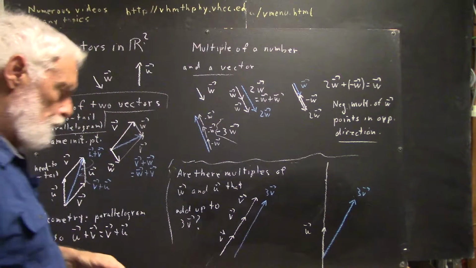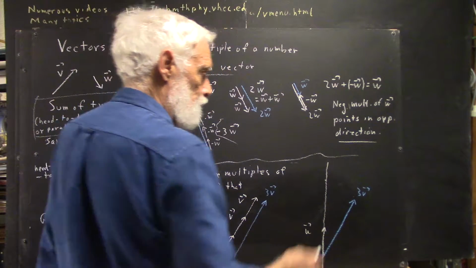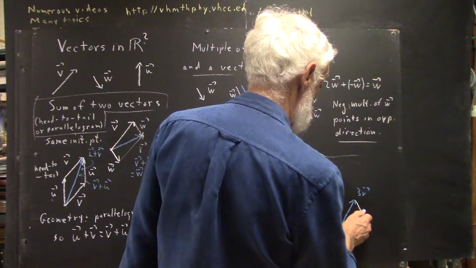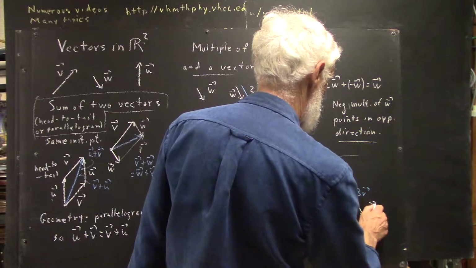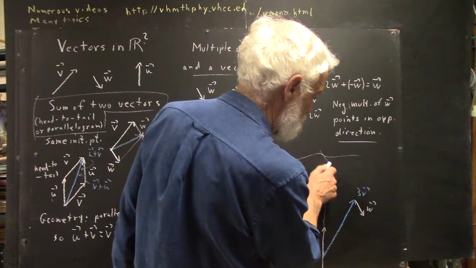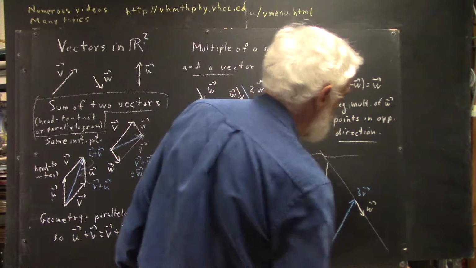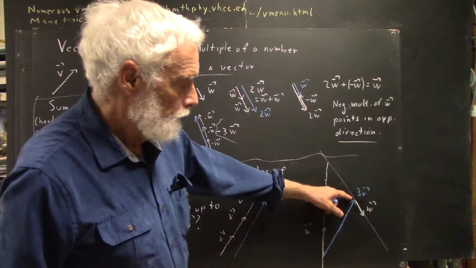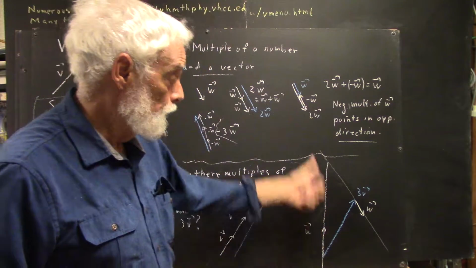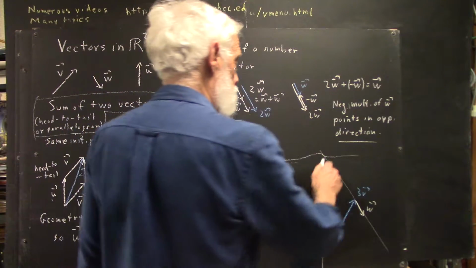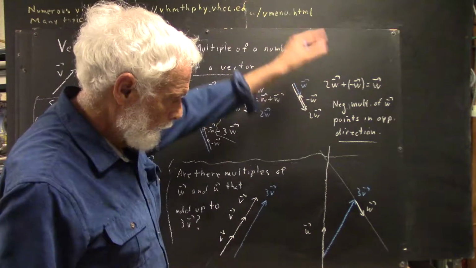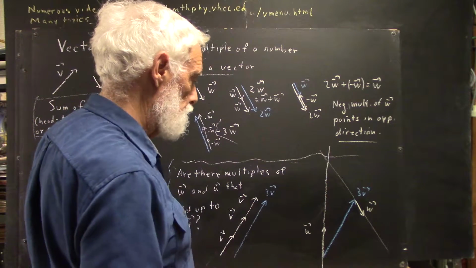So to find that point, I can draw my vector w, and then I can draw the line that goes through this terminal point in the direction of w, either the negative direction or the positive. It just happens that that line intersected this one at the point where I stopped it, but naturally these lines would be considered to go on forever.